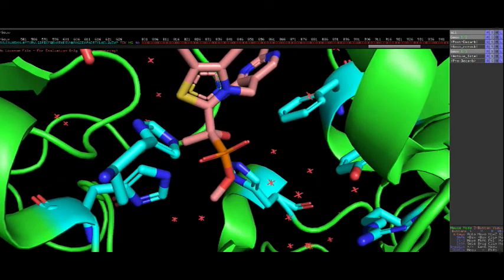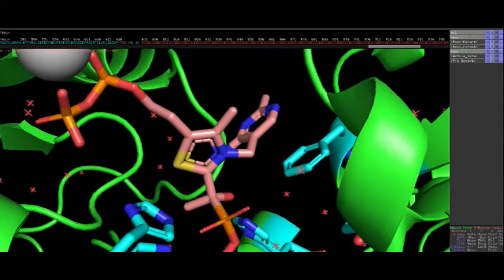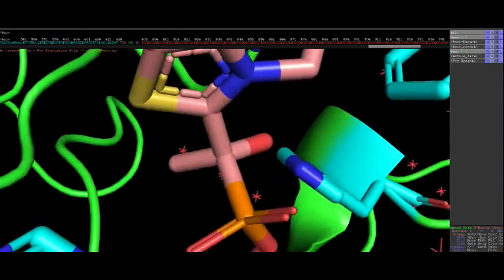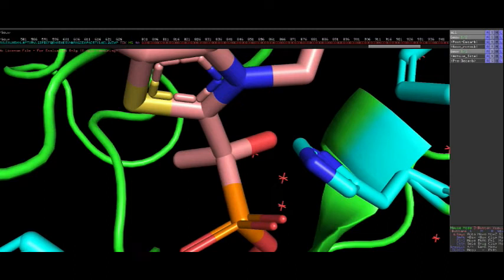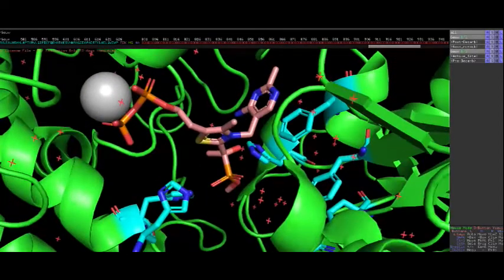So this right here is actually our thiamine, and then it's bound down here to this, and then this is our carboxyl analog right here. So this fits into the active site like that.